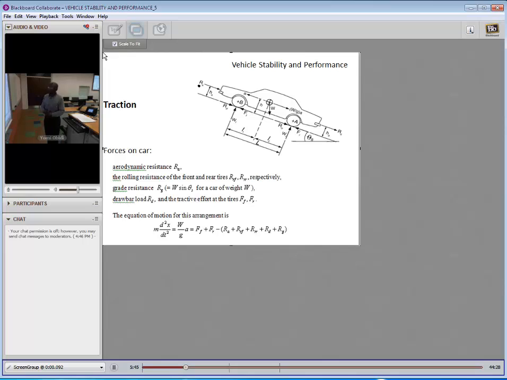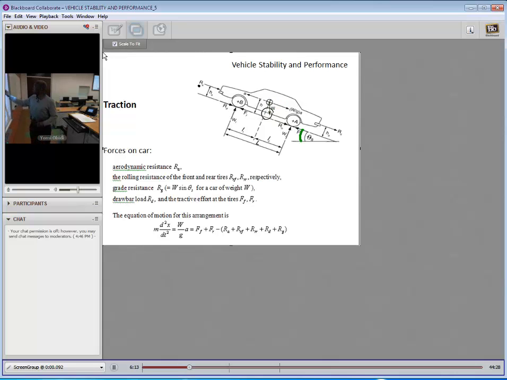The grade resistance R sub G is defined as W, the weight of the vehicle, written there as the weight acting down at the center of gravity, but it's W sine theta sub S. We've already defined theta sub S right here. So W sine theta sub S is along this direction, and that is the grade resistance.